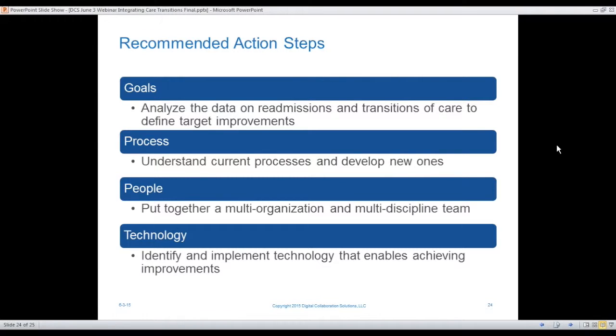The second one is to do methodical business process review and engineering. What are your current processes? What new ones do you need, and how will they help impact the goals, and how will they address the various transitions of care causal factors? The third is you need to put together a multi-organization and multi-discipline team.